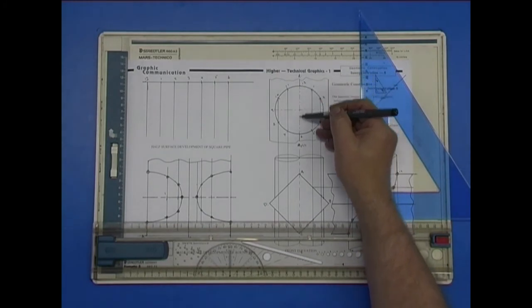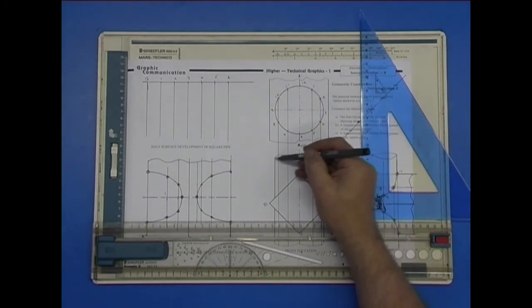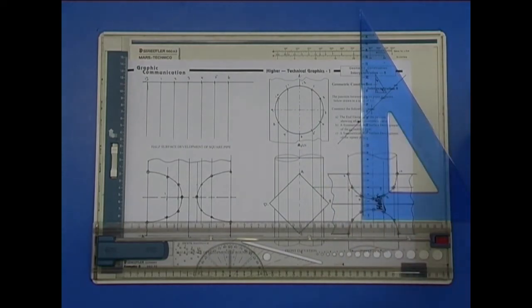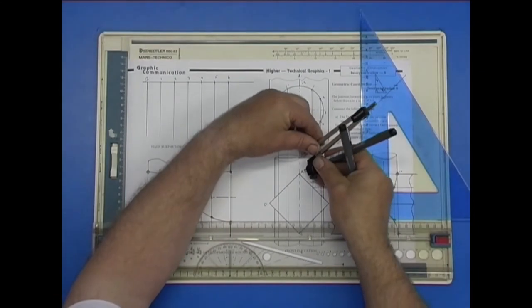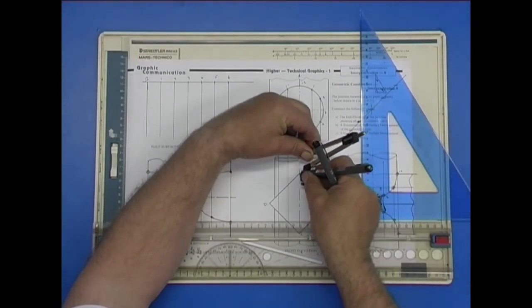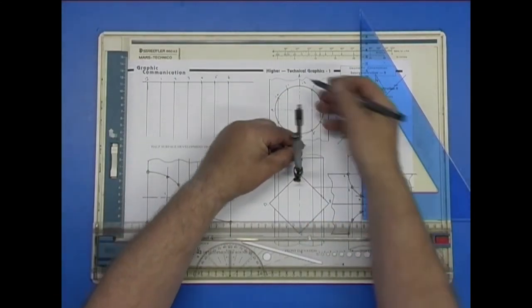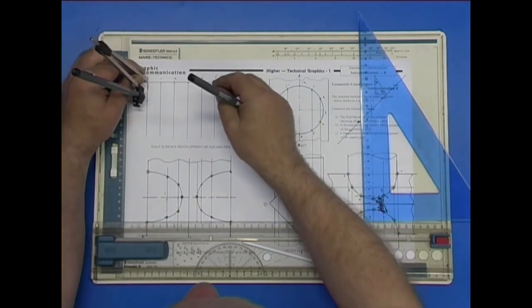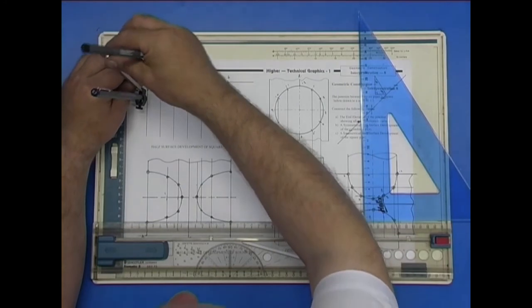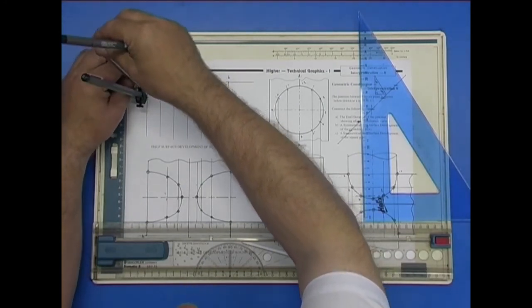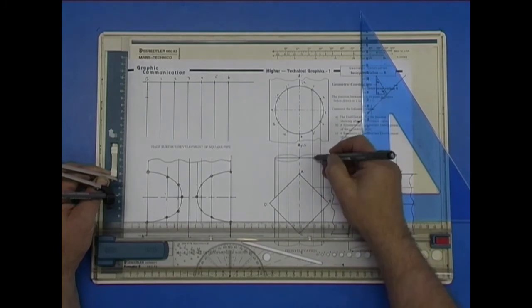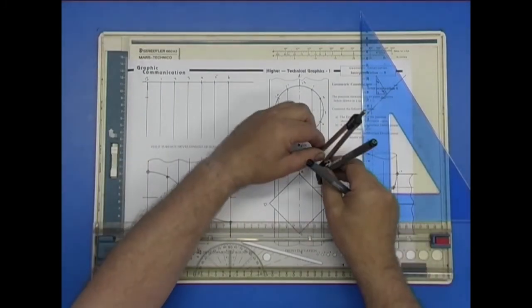Line 12, the generator from this datum that I've drawn, is to there. So I'm going to pick up that height, again with the compass, from my datum. So line 12 is down to there. Line 1, datum down to where that cuts.